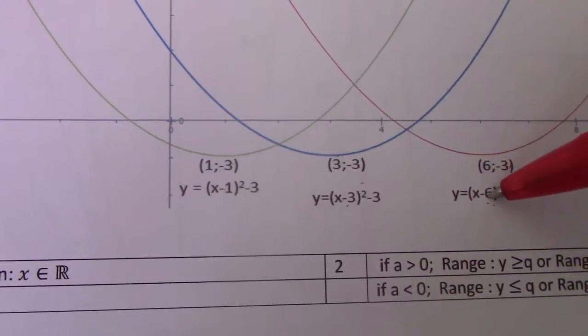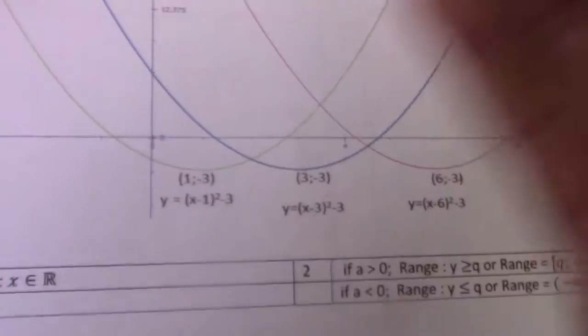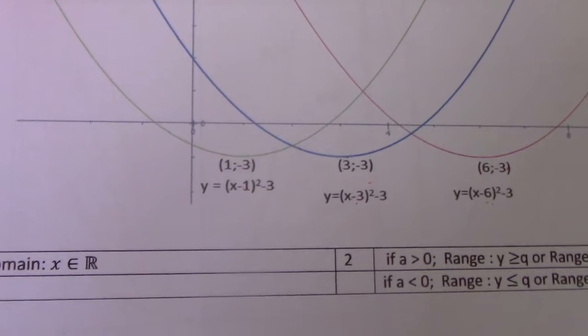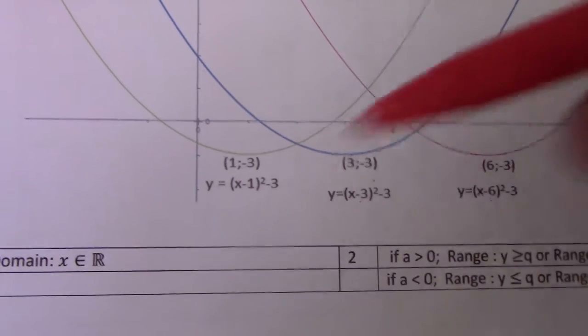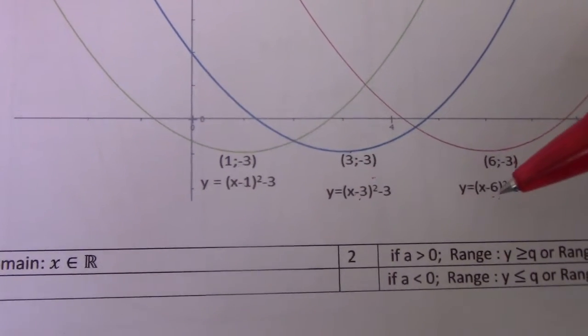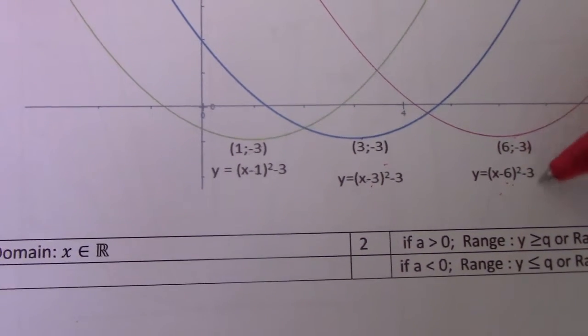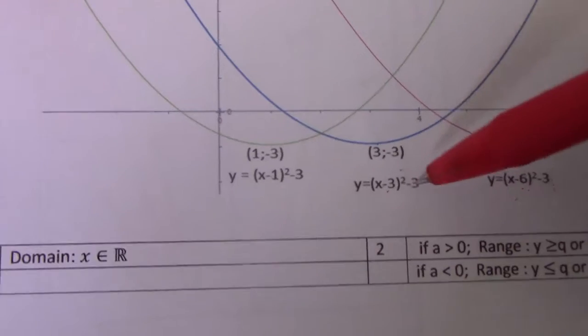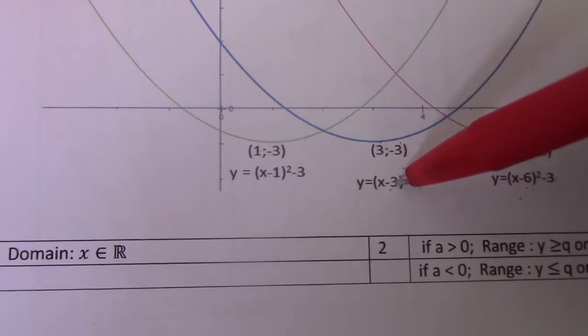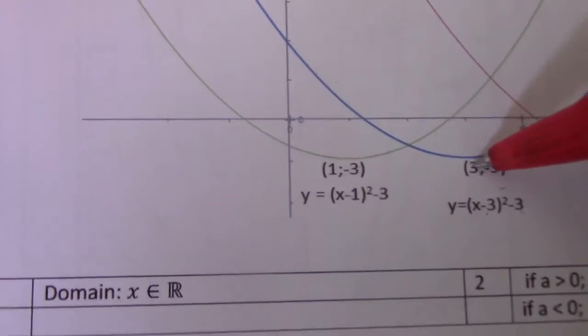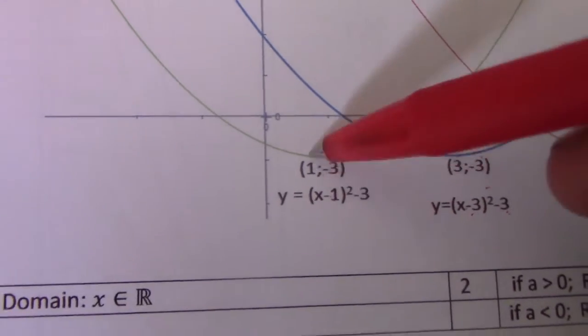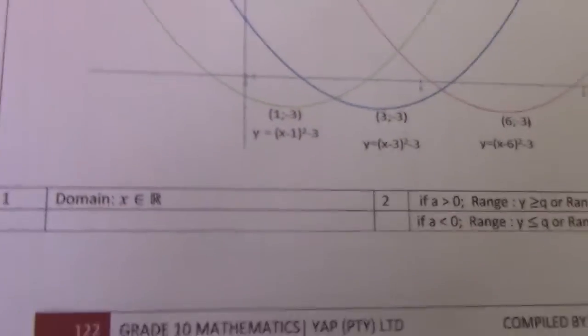So that minus 6 ends up moving the graph another 3 units to my right. And vice versa also applies. You see the coordinate that's written with negative 6 has positive 6. Q always stays as it appears. My q doesn't change, but that minus 3 gets written as positive 3, and here my minus 1 gets written as plus 1.